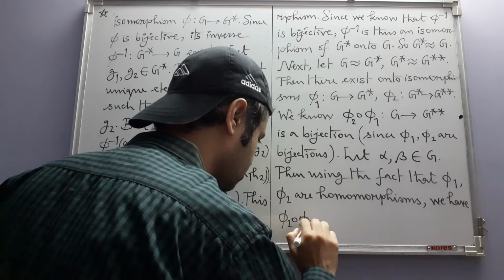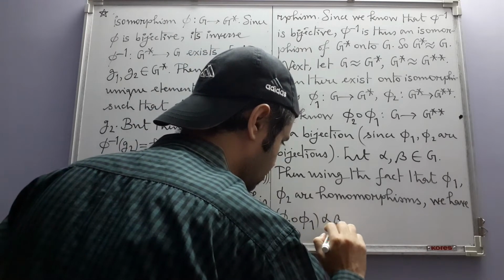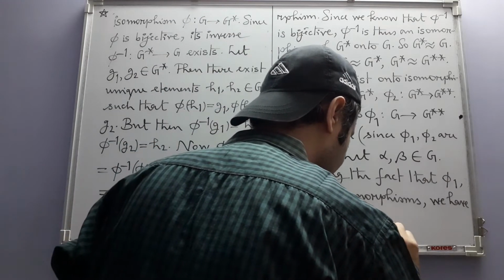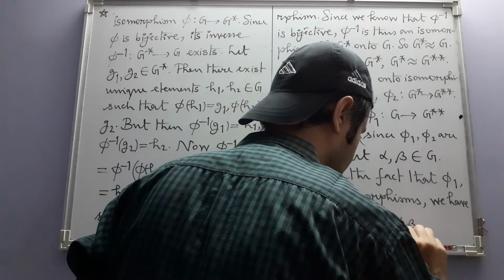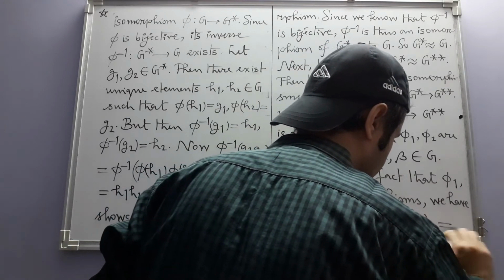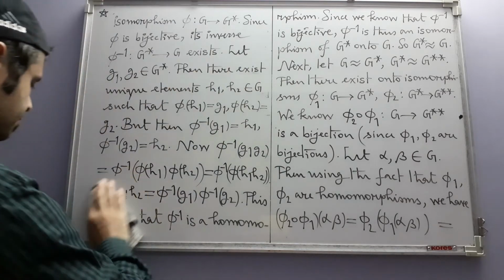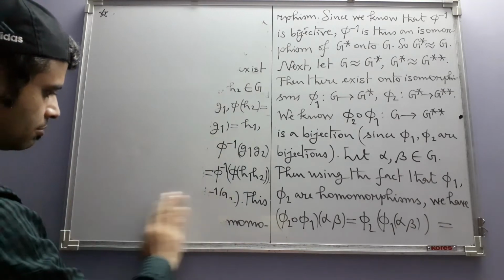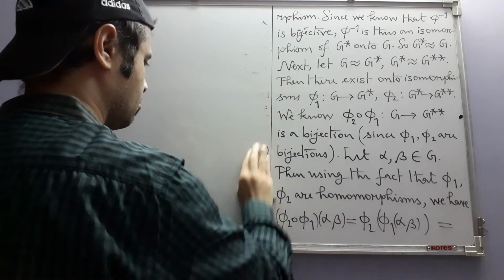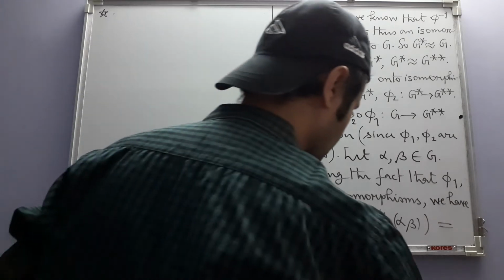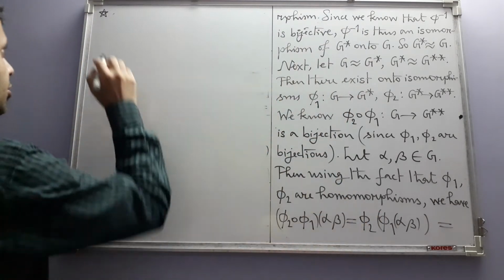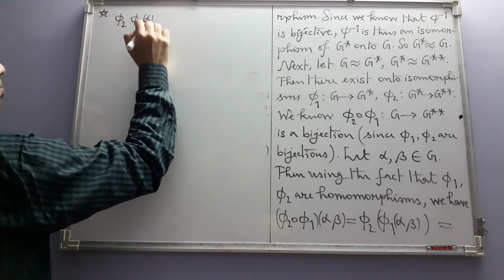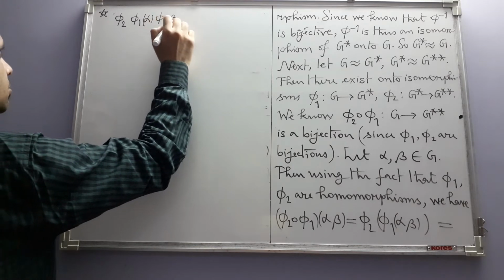phi 2 composition phi 1 of alpha beta. By the definition of composition, this is phi 2 of phi 1 of alpha beta, and that is equal to, because phi 1 is a homomorphism, phi 2 of phi 1 alpha times phi 1 beta.